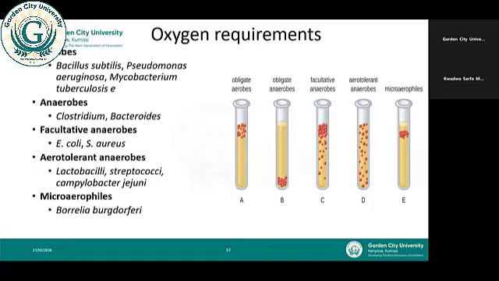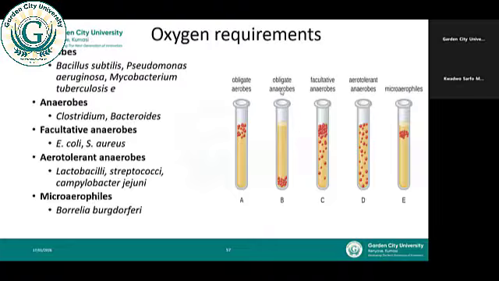So we have obligate aerobes. For obligate aerobes, oxygen is what they need. They don't need carbon dioxide. They don't need an environment that is devoid of oxygen. If you put them in an environment that has no oxygen, they will die.